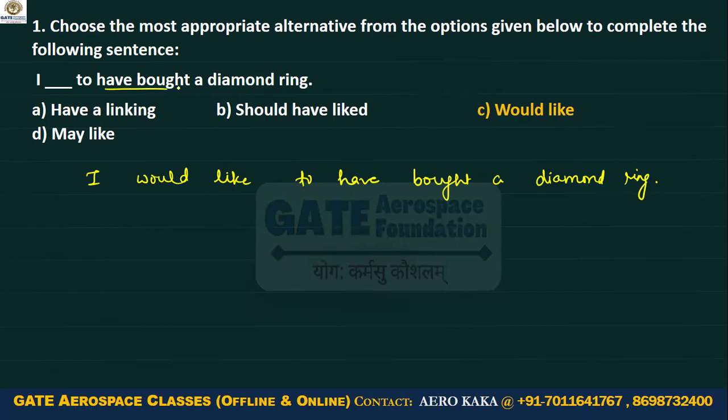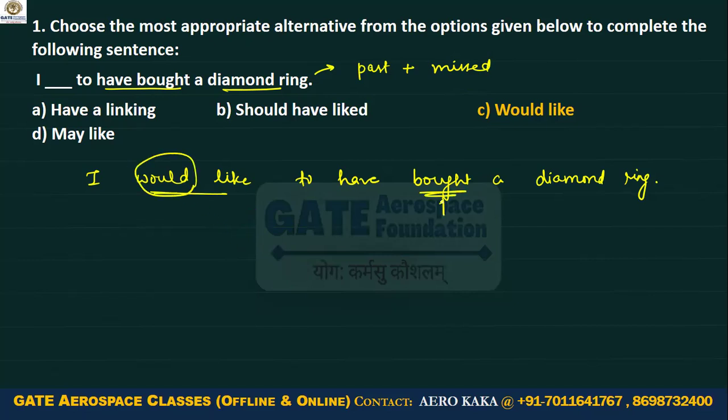See, "have bought a diamond ring" is something from the past, plus it is something which is missed, right? We are talking about work which should have been done in the past, but we have not done it. So in that case, we always use would.